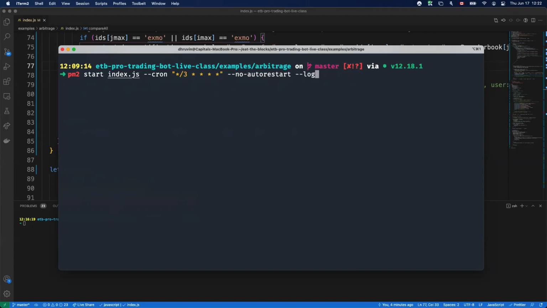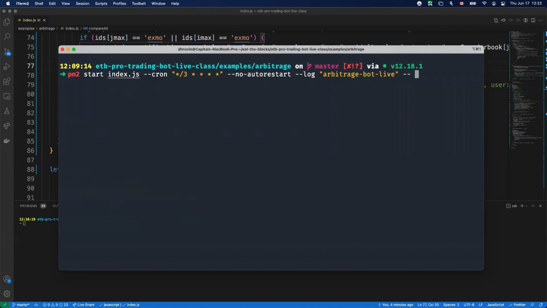Next is about the log. I need to get these things logged under a file named, for example, arbitrage bot live.